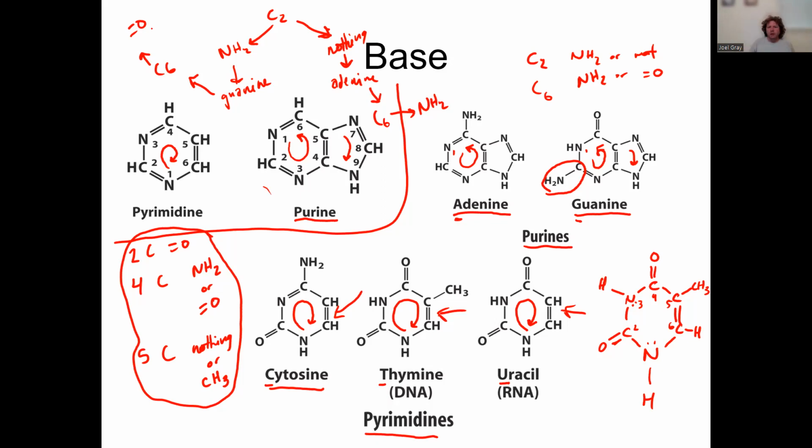Now I number them in a counterclockwise fashion. And I ask myself, what do I have at position number 4 and at position number 5? And as soon as I can answer that question, I have a way of triaging this information, processing which nitrogenous base I'm talking about.